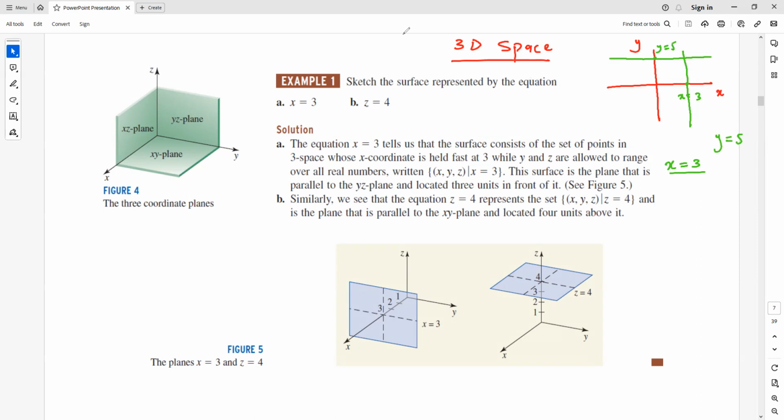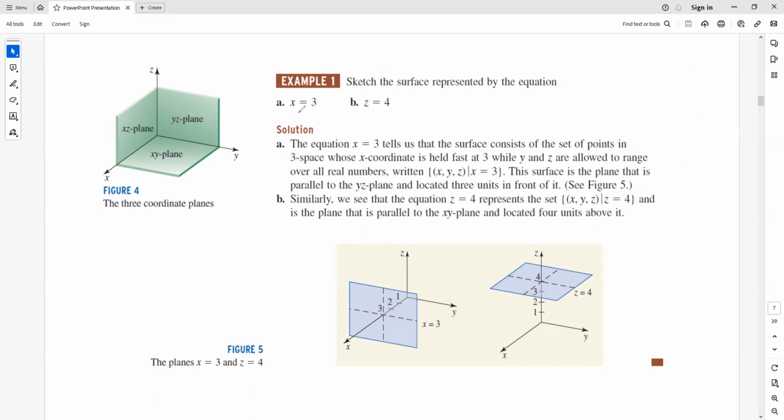Now, what happens in three-dimensional space is that if we need to sketch this equation x equals 3, then we know that in the three-dimensional Cartesian system, we have x, y, and z dimensions. So these are three axes, x, y, and z.